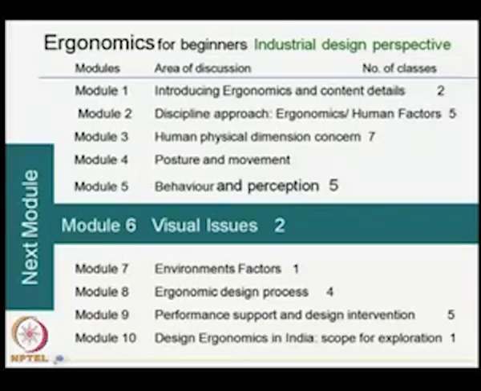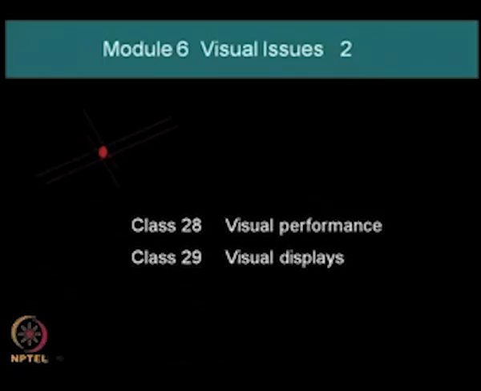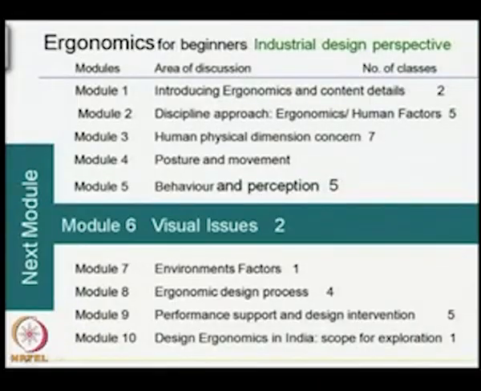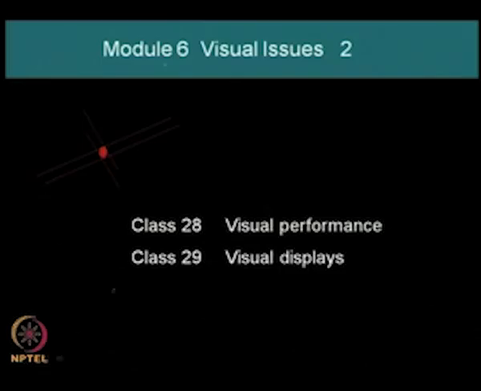Welcome to this 28th session of Ergonomics for Beginners, Industrial Design Perspective. Today we are starting module number 6, visual issue, and there will be 2 lectures within that, class number 28 and 29.